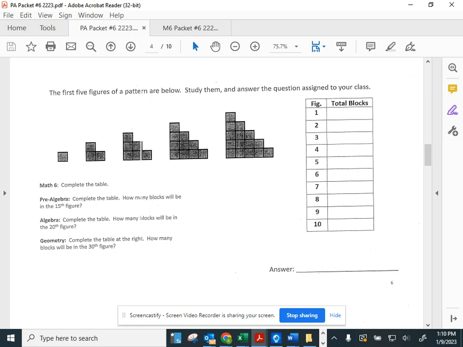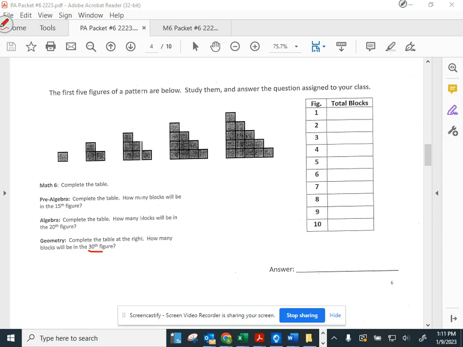So if I'm looking down at geometry and I say, ooh, how do I get to that 30th figure without following the pattern every single time and writing it out all the way down to the 30th? There is a rule that you will find that will work. This is not an easy one to find the rule for. It will be challenging. Sometimes it's easy to find that rule. So I could say, well, what's the 75th figure going to be?